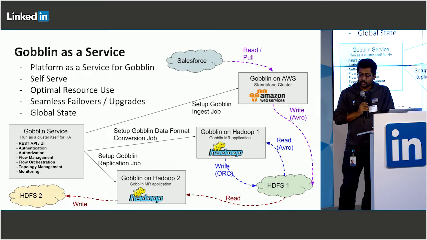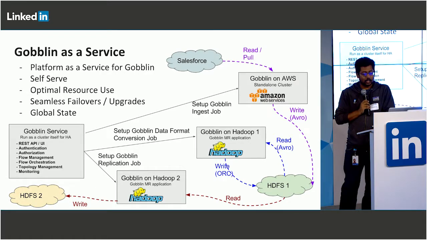Another big update: we have also come up with something called Gobblin as a Service, which is our attempt at building a platform as a service around Gobblin. Given Gobblin's evolution into solving multiple data integration use cases, we have multiple deployments of Gobblin within LinkedIn itself, but provisioning and setting up jobs across all of those deployments becomes pretty hard.